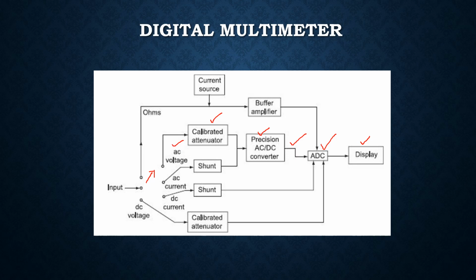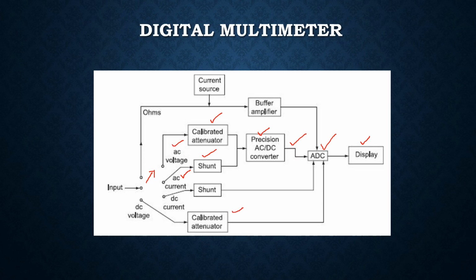For current measurement, the drop across an internal calibrated shunt is measured, and it is fed to the AC to DC converter, and then finally to the analog to digital converter, and we can see it from the display. And for DC we have a calibrated attenuator.